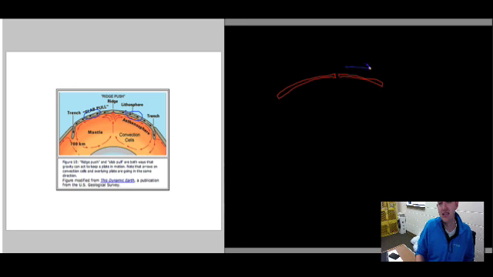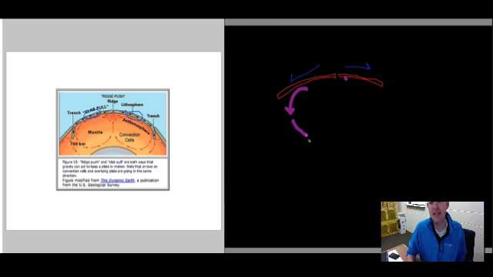One of the main things that makes these plates move is our convection cycles. A convection cycle is where we get hot mantle moving up, and it pushes against those plates, and as it cools off, it then falls back down towards where the core is.